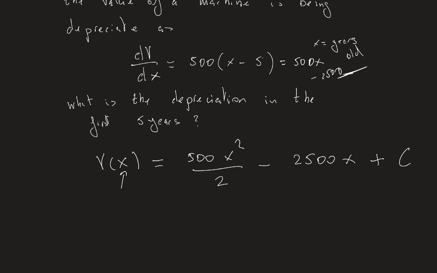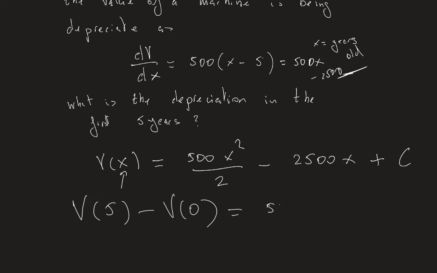But the problem is asking me about the depreciation in 5 years. So the depreciation in 5 years is v5 minus v0. This is the change in the value of the machine.